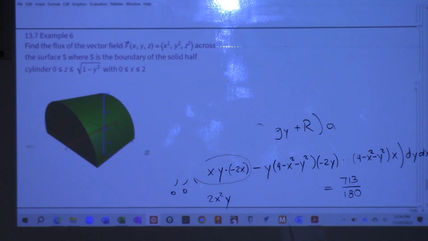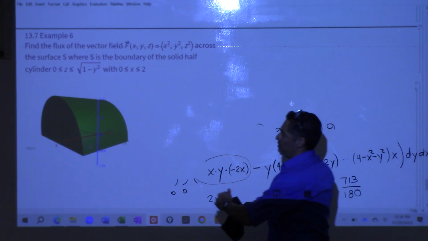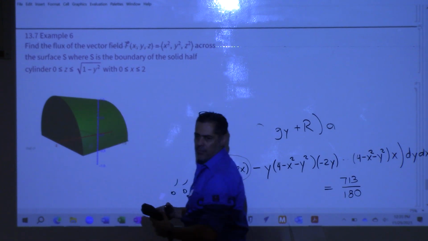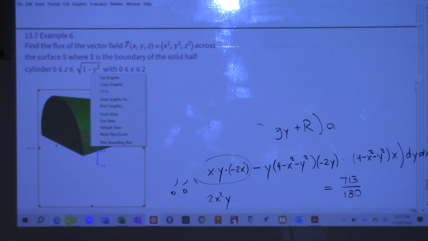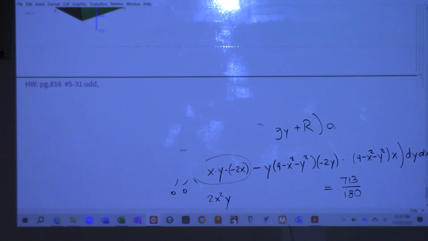And then we're going to do another problem over this surface, and this is 4 surfaces, because you've got the curved part, you've got this front, back, and bottom. So we'll be doing 4 integrals. Okay? And then that will finish up the section on this.